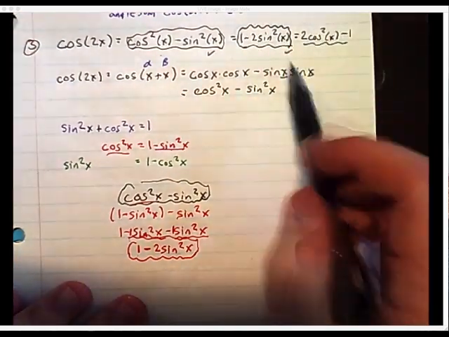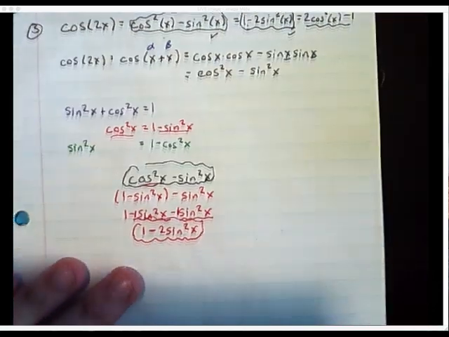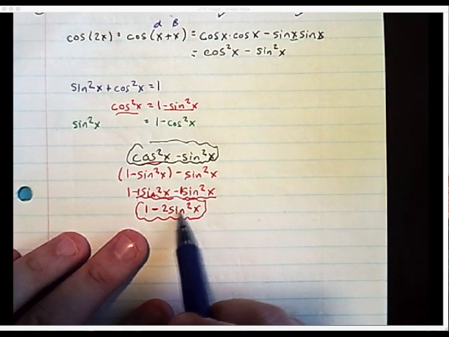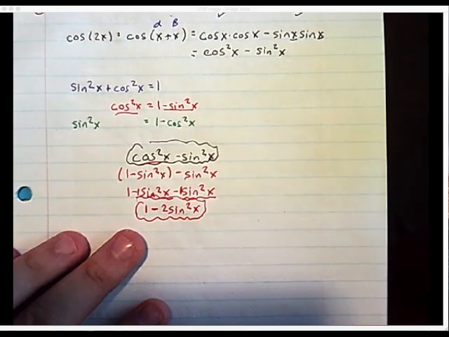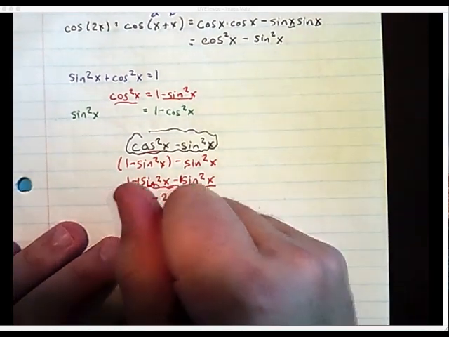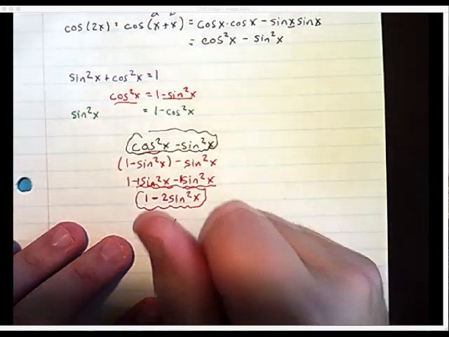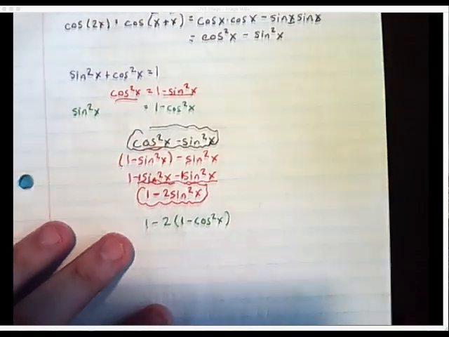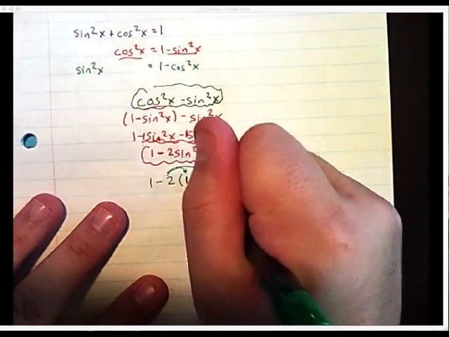All right, now can I show that this thing is also equal to this thing? Well, sure. Go from this red, and every time you see a sine squared, plug in 1 minus cosine squared. So 1 minus 2, but in place of sine squared of x, write in 1 minus cosine squared of x. We can go ahead and distribute that.